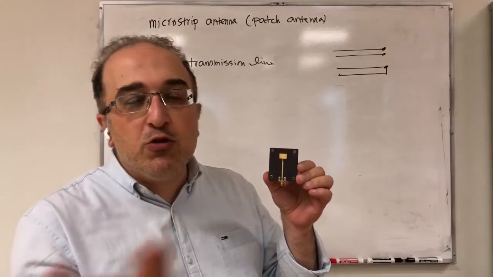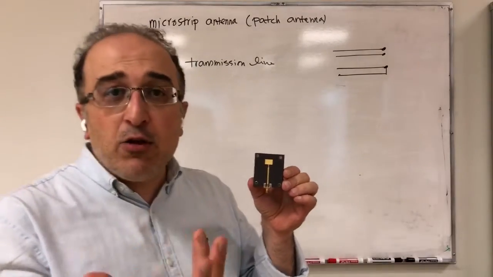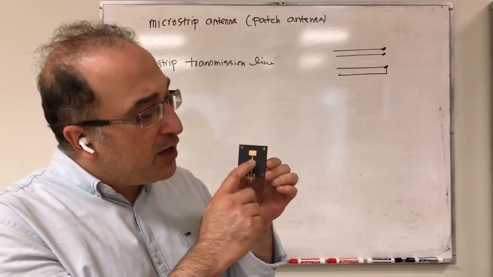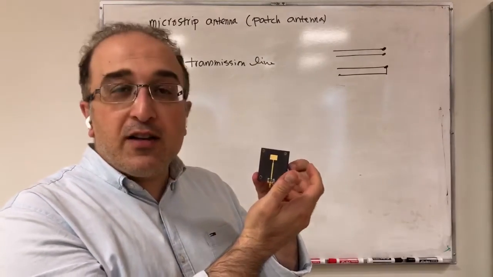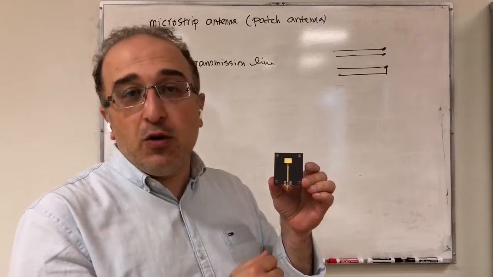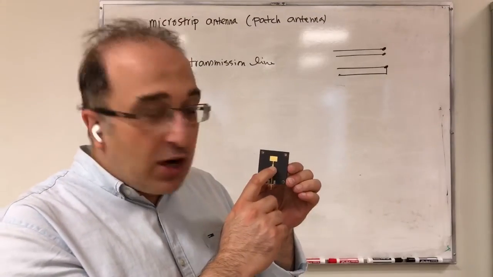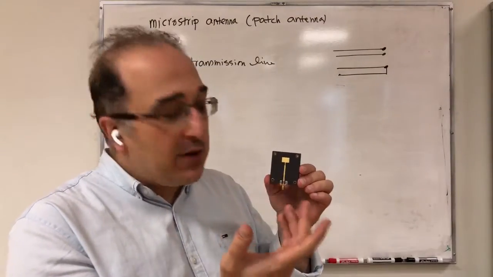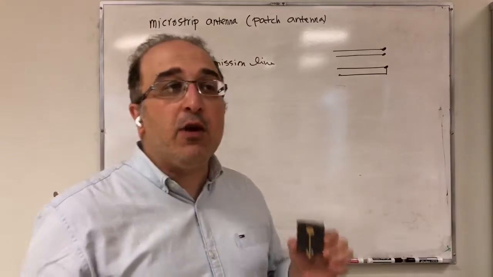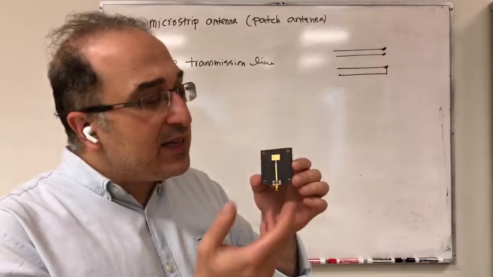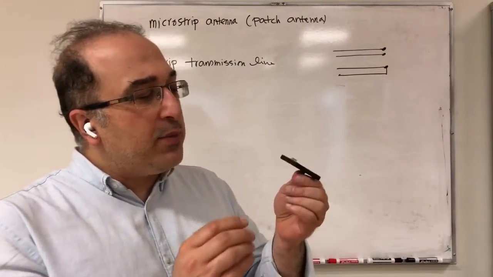So similar to two-wire transmission line, this also has two conductors. One of the conductors you see, the other conductor is in the back of the structure. So that would be one conductor, or one PEC, perfect electric conductor, and the other one would be on the back. This is extremely nice because this is a planar structure.